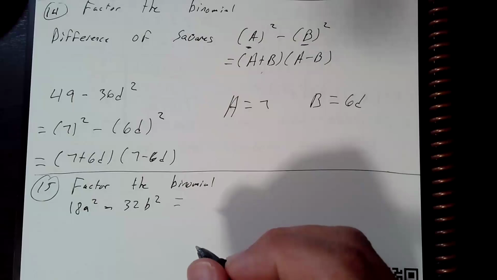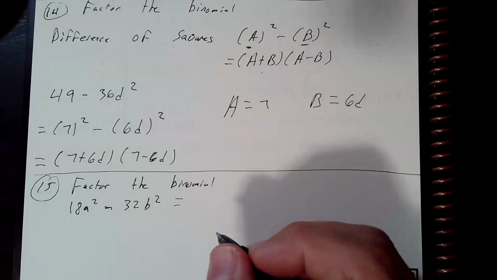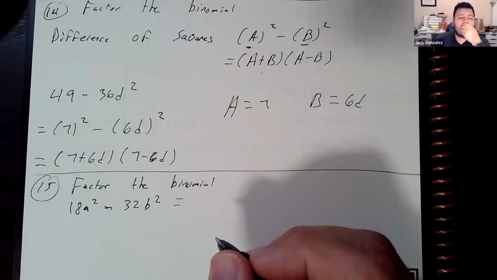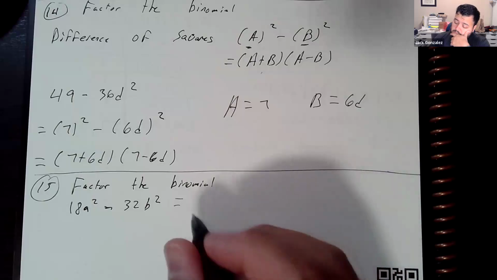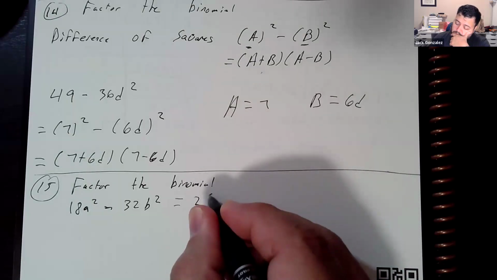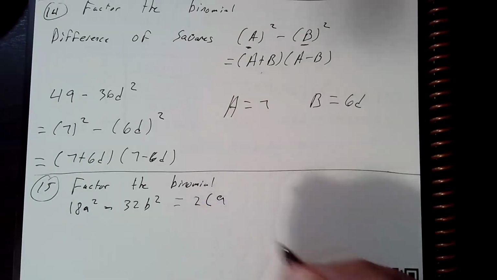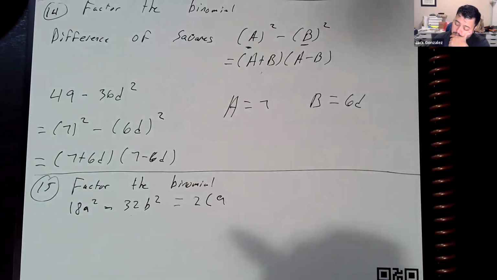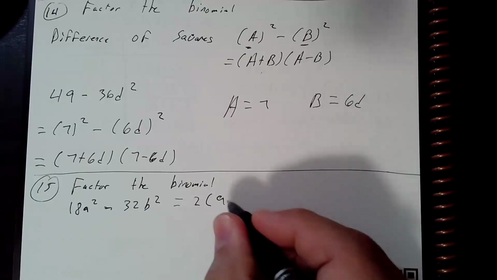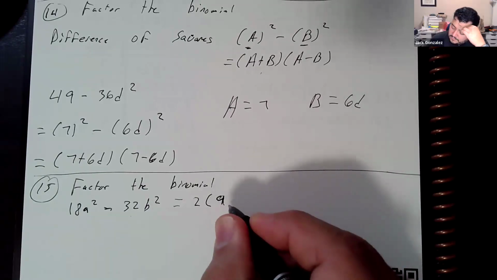Let me see. Just 2, right? Probably 3. Yeah, just 2, because 6 doesn't go into this one. It looks like it should though, right?